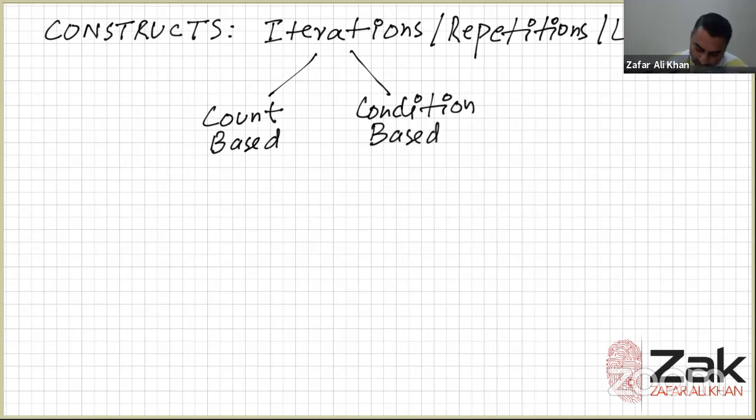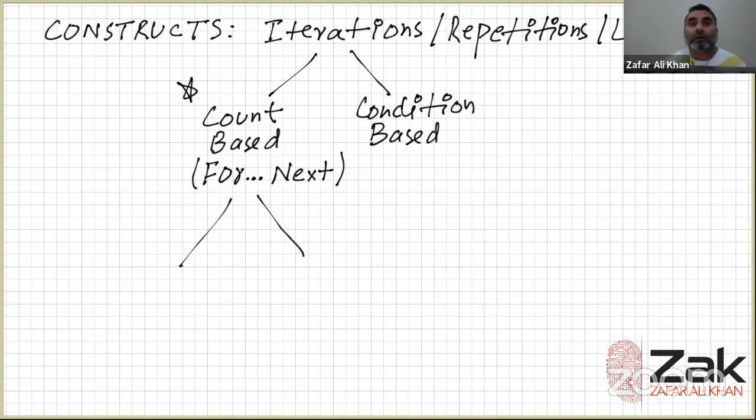So our focus today is count based loops. Count based loops are achieved using for and next loop structures, and there are two types of count based loops. The first one is simple count based, and the other one is nested.